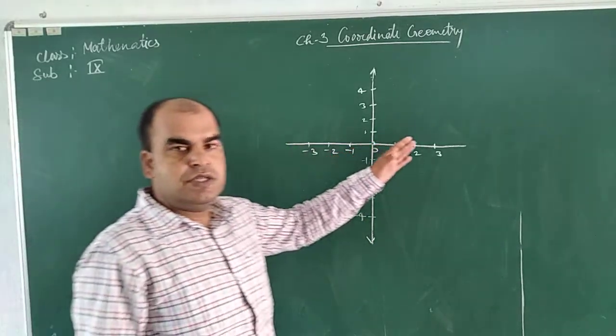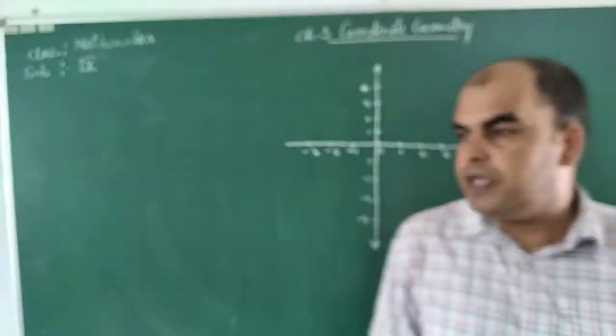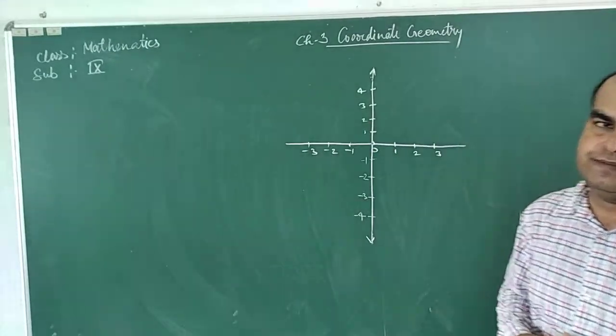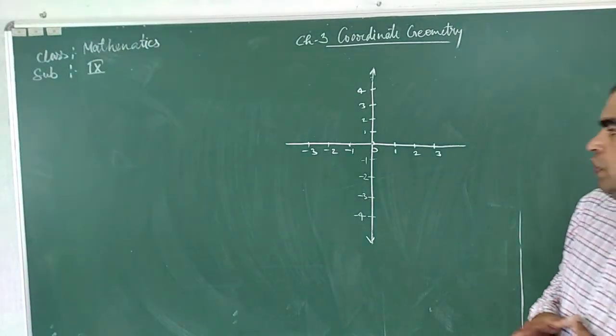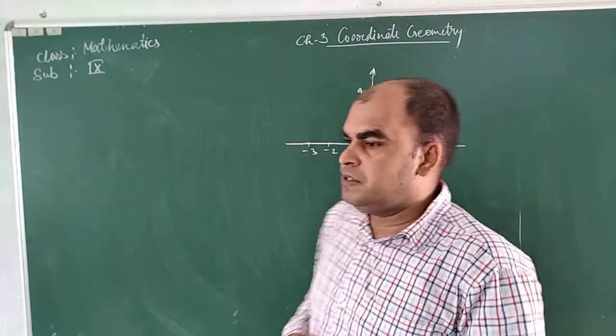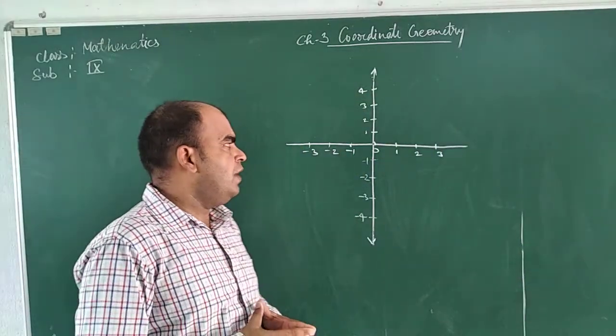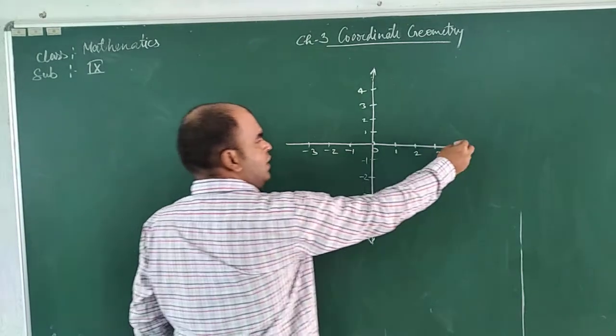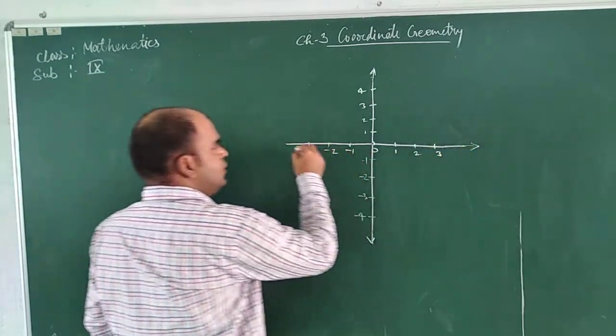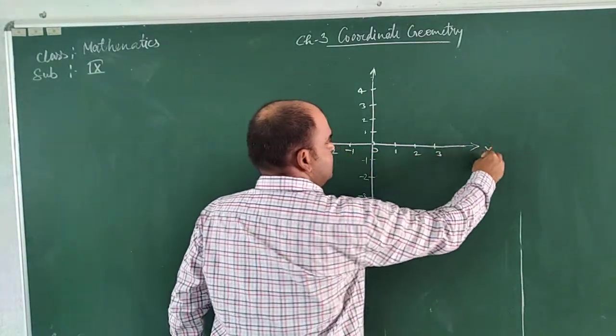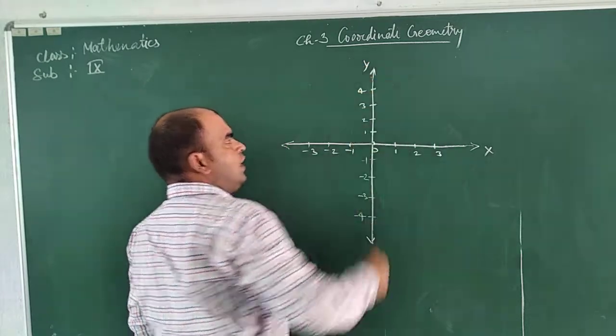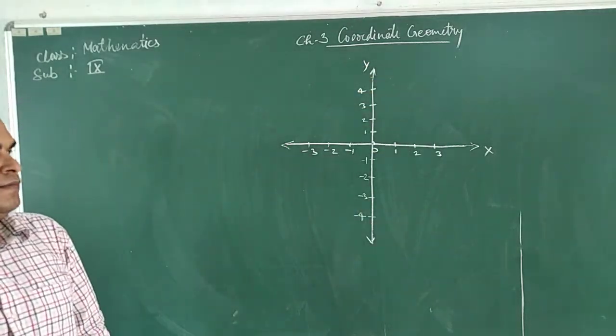Now you can see this plane is divided into 4 parts. We can name this horizontal line the x-axis and this vertical line the y-axis.